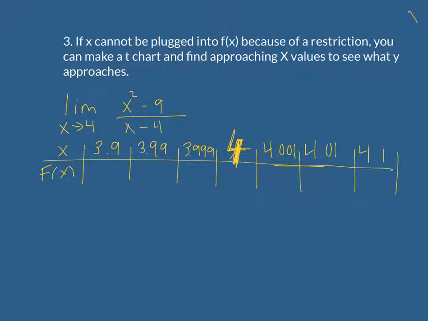Alright, so I went and calculated these. I'm just going to round to whole numbers because it's not going to matter too much with the decimals.